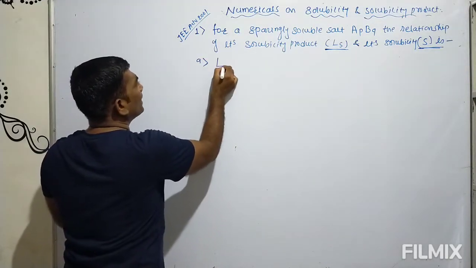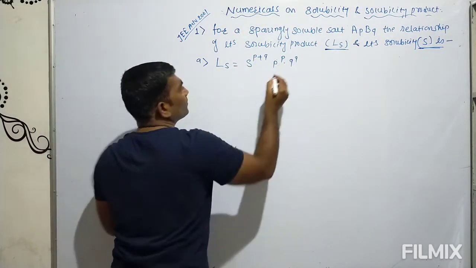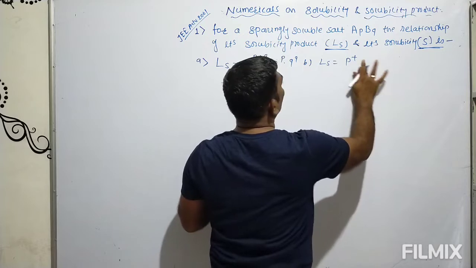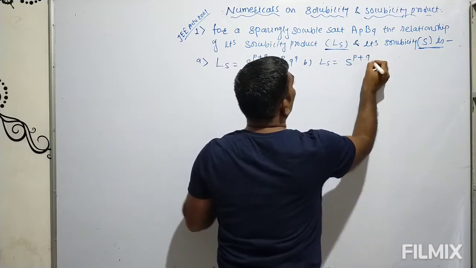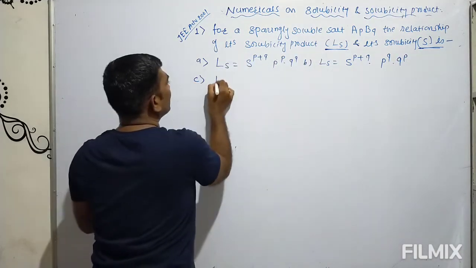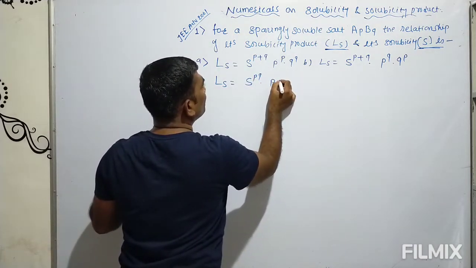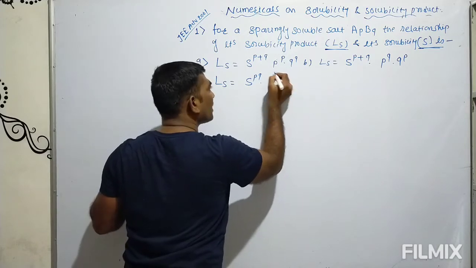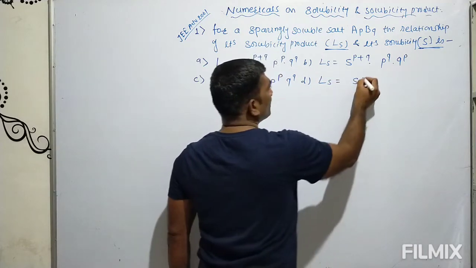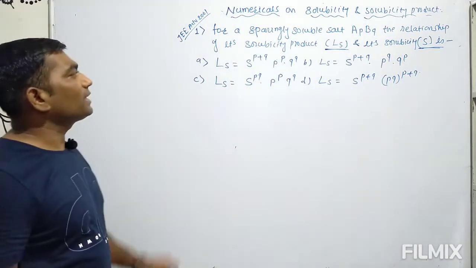Option A: LS equals S raised to P plus Q, P raised to power P, Q raised to power Q. B: LS equals S raised to power P plus Q into P raised to power Q, Q raised to power P. Option C: LS equals S raised to PQ, P raised to power P, Q raised to power Q. And D: LS equals S raised to P plus Q, PQ raised to power P plus Q.